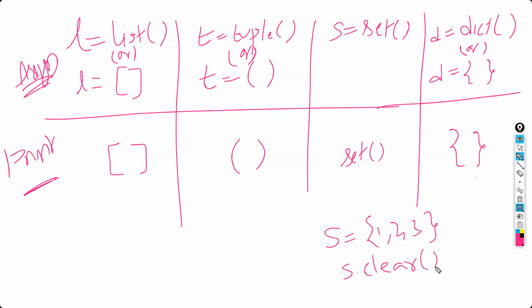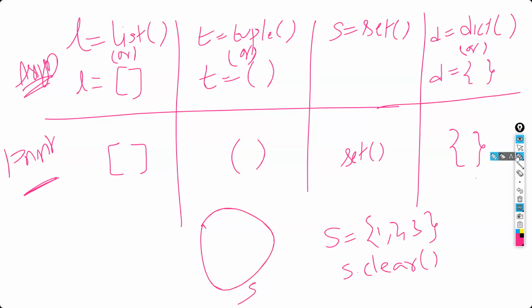It is going to remove all the values within the set. Now you have 1, 2, 3. Now S dot clear means it is going to clear the values. Internally it will clear because it is a mutable object. Tuple is only immutable. Set is mutable. List is also mutable. For both of them, clear is applicable.